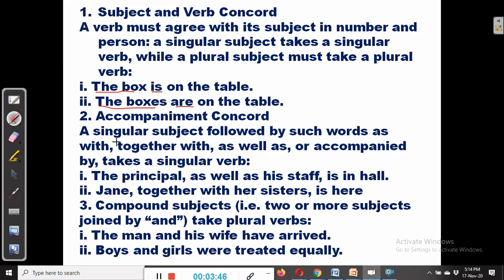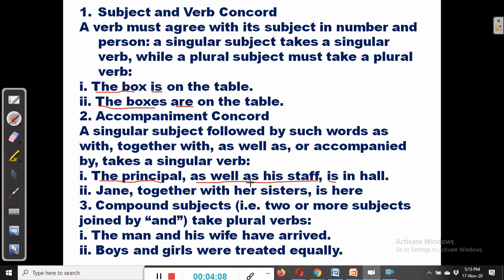So if we look at it here, the principal is a singular subject. Then as well as is the accompaniment. And this actually is not taken into account in determining the verb that follows. The verb is a singular verb.